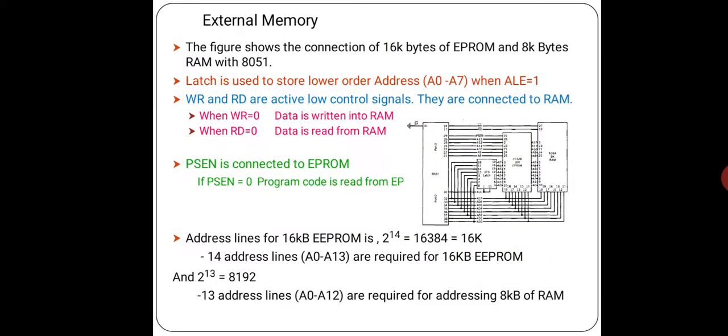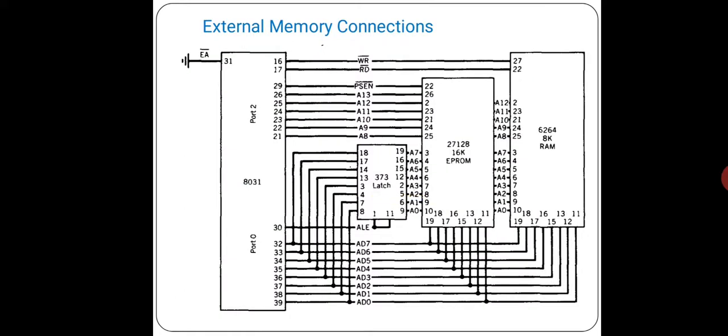The figure shows the connection of 16 kilobytes of EEPROM and 8 kilobytes of RAM. It means that 16 kilobytes of ROM memory is interfaced with 8051, and 8 kilobytes of RAM memory is connected with 8051.